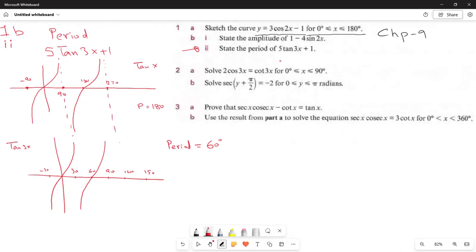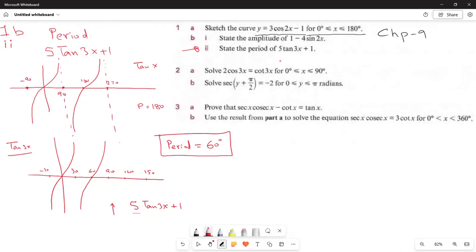Now, when I multiply this tangent 3x by 5, 5 tangent 3x, it will amplify in the y direction by 5, but it will not affect the period. Similarly, if I add 1 to it, the whole graph will shift up by 1 unit, but again it will not affect the period. So the answer is the period is 60 degrees. I hope it's clear.